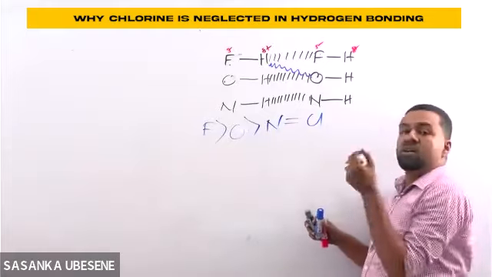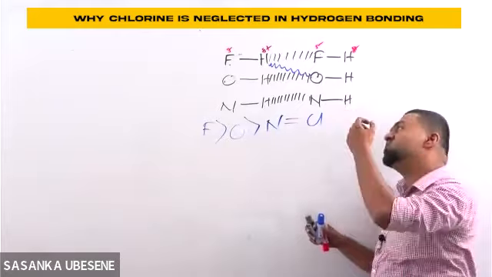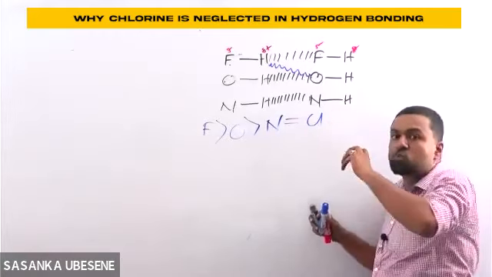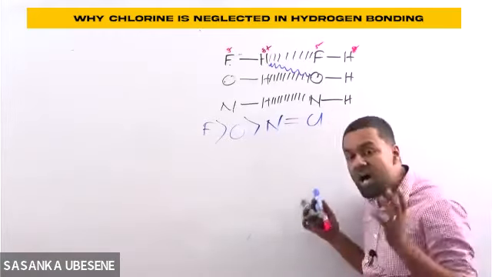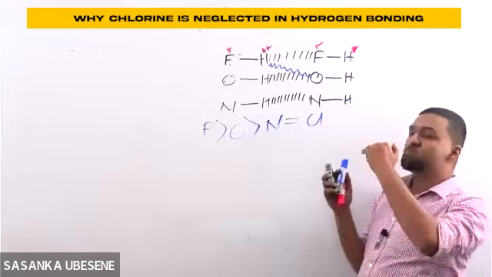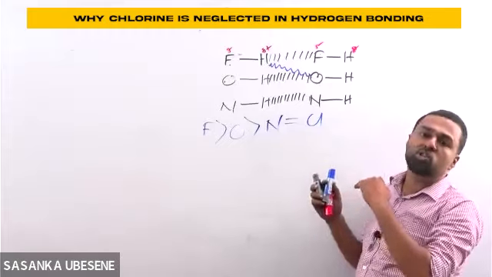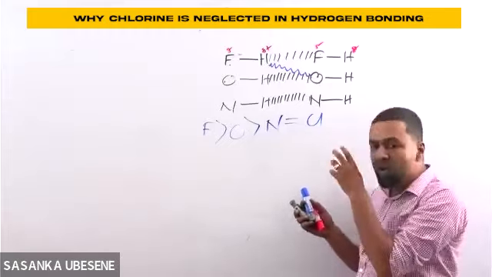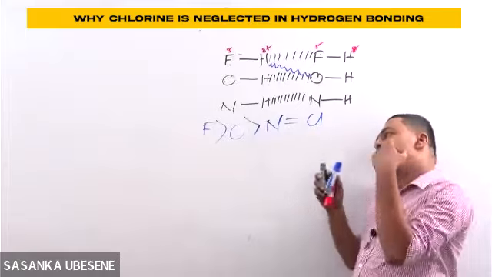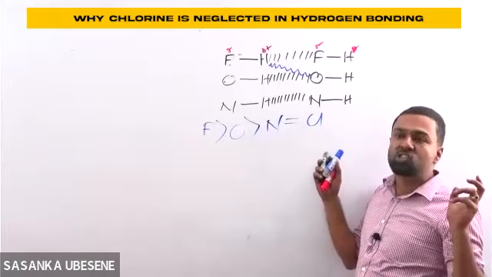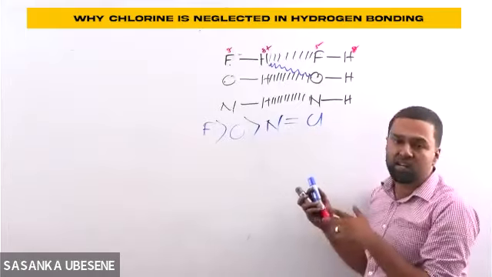Then what happens? The fractional negative charge you get on the chlorine atom spreads because it's a larger atom. Fluorine, oxygen and nitrogen are small atoms, so there is no spreading of the negative charge like in the chlorine atom.